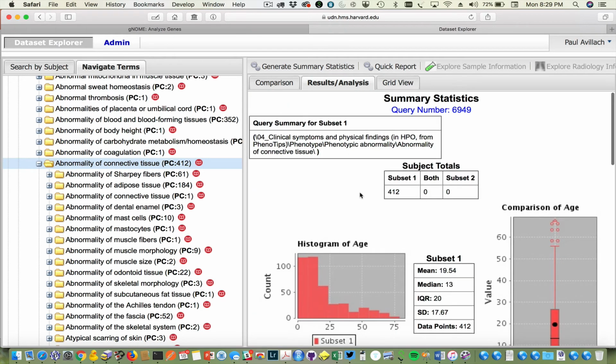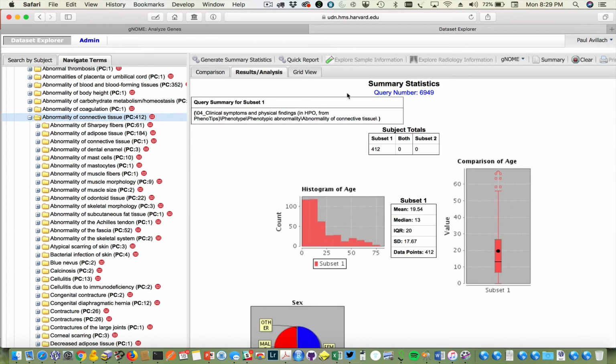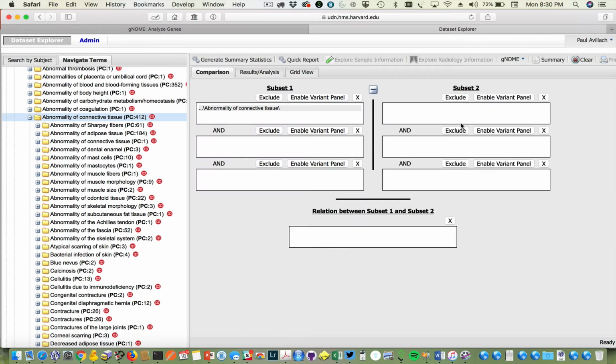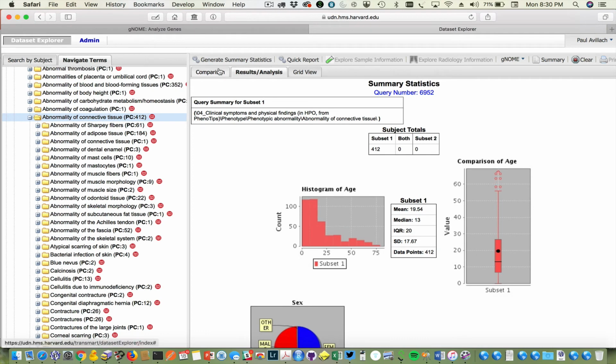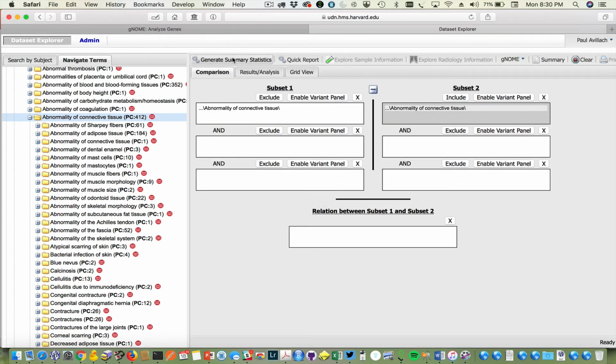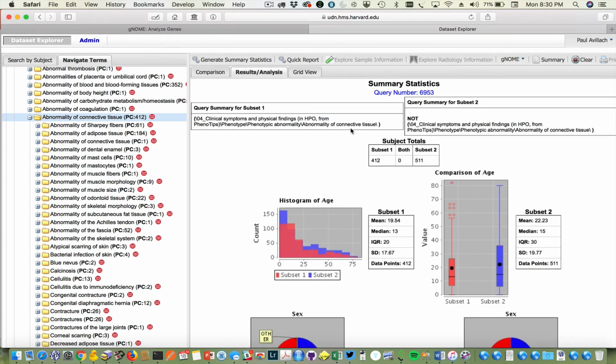Then I can explore in a second subset all the patients that do not have an anomaly of the connective tissue, creating a comparison between both groups: on the left, abnormality of the connective tissue, 412 patients, and on the right, patients that do not have an abnormality of the connective tissue.